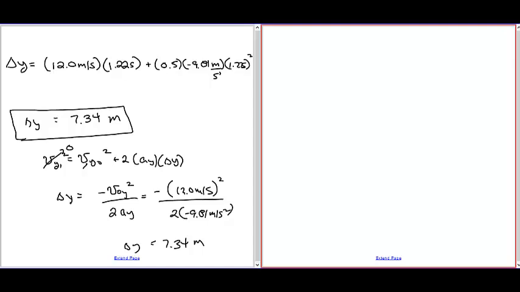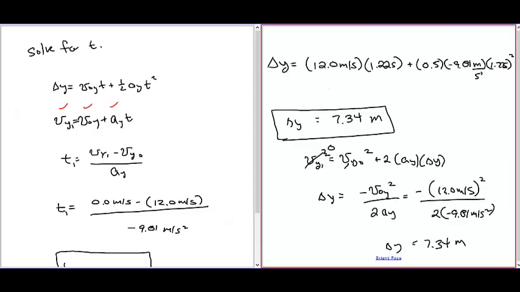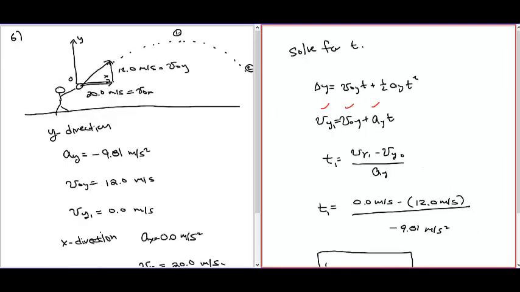Question number 3, how much time after it is thrown is required for the football to return to its original level? How does this compare with the time calculated in part A? So, say time 2. We'll call it T2, which is going to be a question mark. We don't know what that is. But we do know that delta y2 is 0 because it goes up to a peak and then it comes back down.